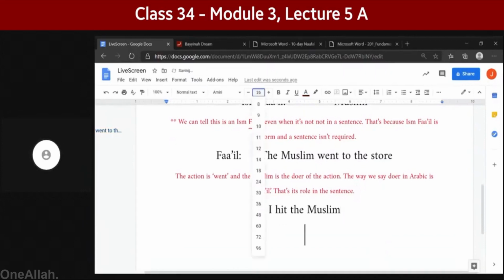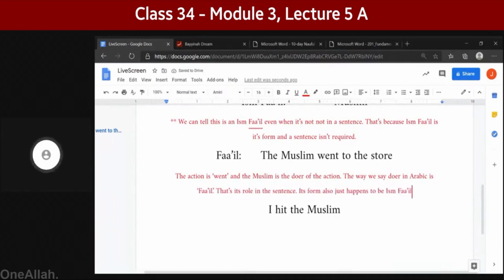In the second case, let me add one more. It also, form. Yeah, that's right. Its form also just happens to be ism fa'il.